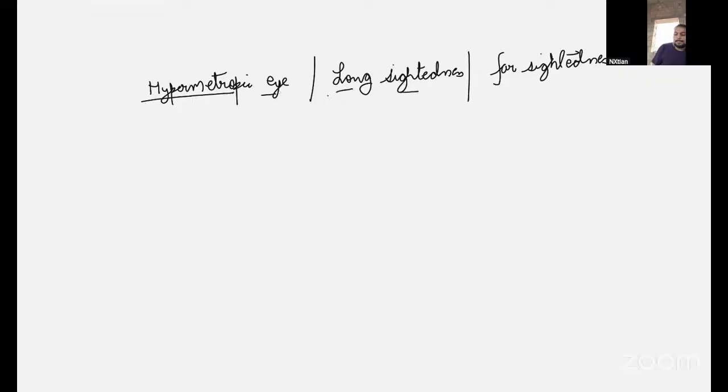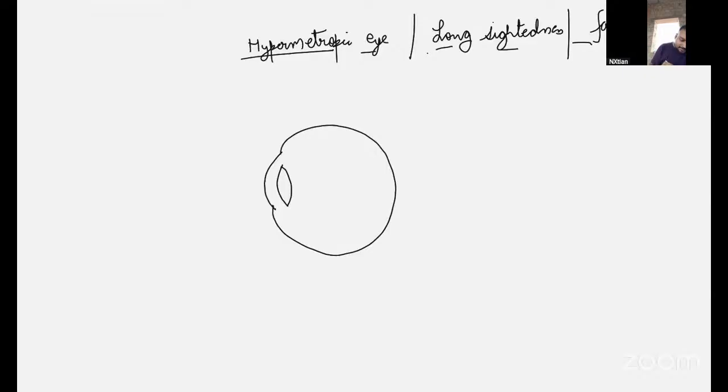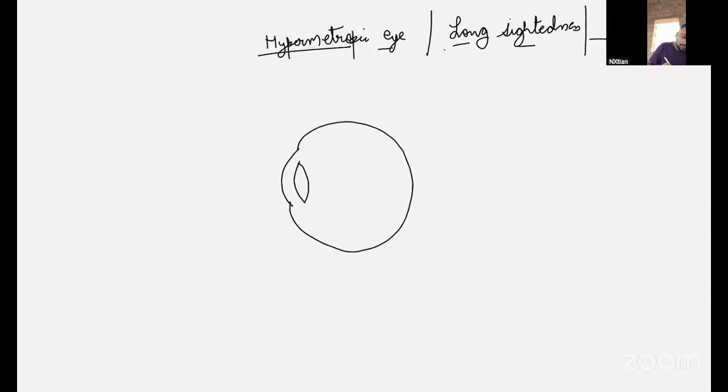Which eye? Hypermetropic. So a normal human eye is going to look like this. It's not like an alien. Now they have a problem with the near point. In the myopic eye, we wrote the far point here because they have a problem with the far point. But this is the near point, so we'll write near point.